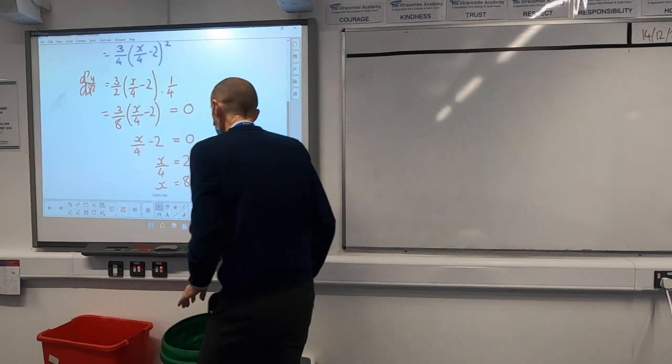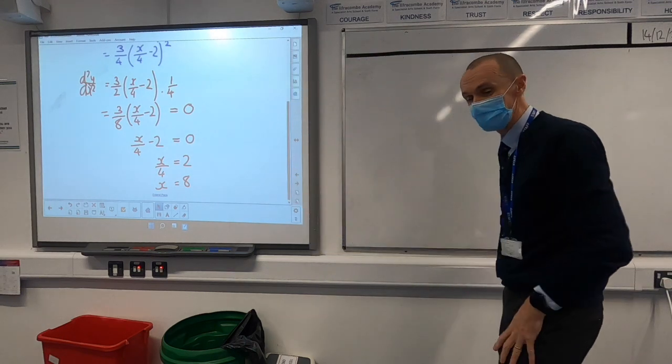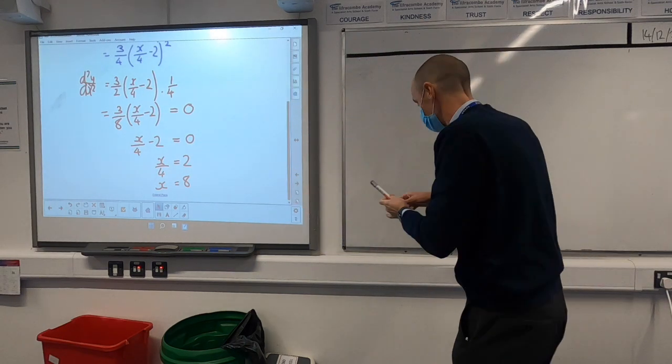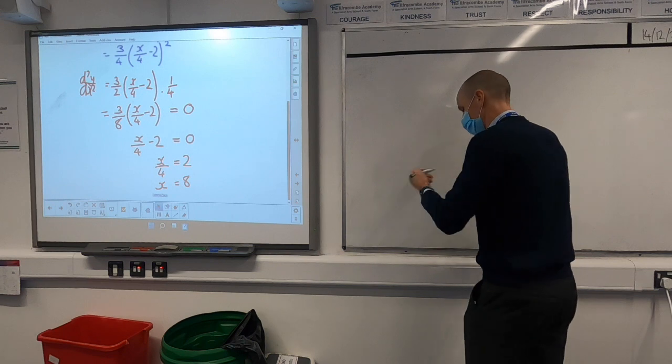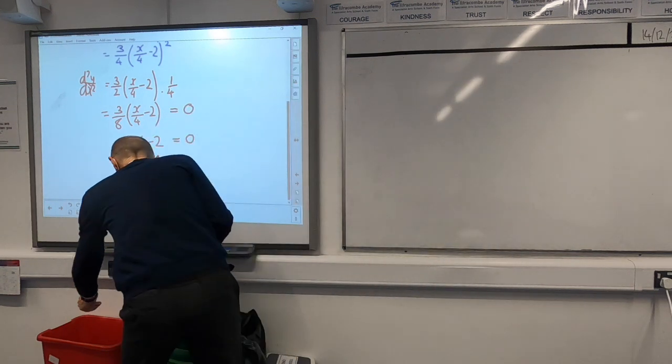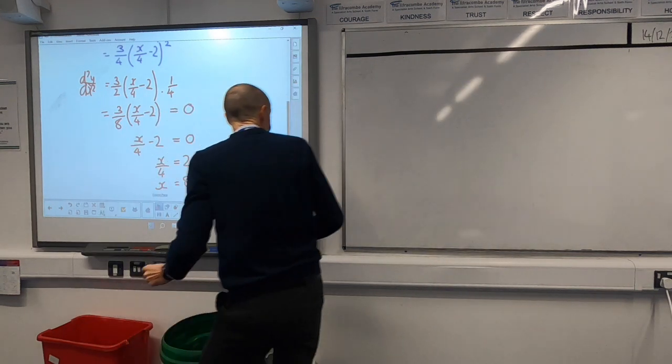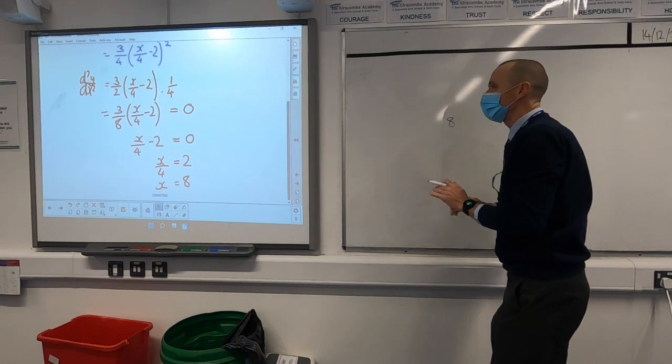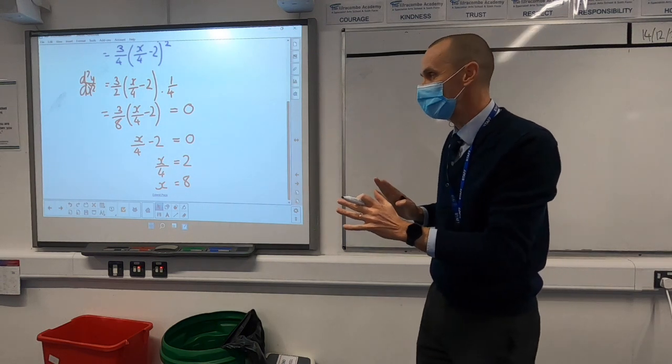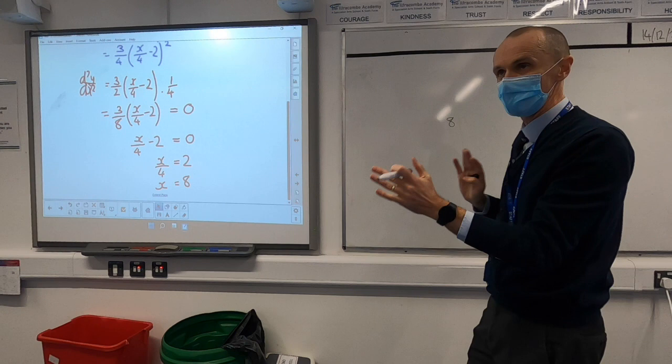So I know I have a point of inflection at x is 8. And so all I need to know is either side of that, is it going to be concave or convex?